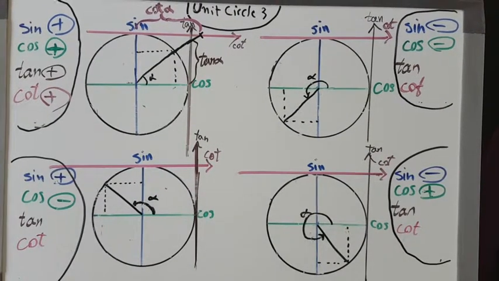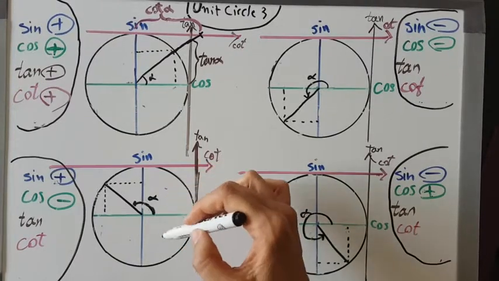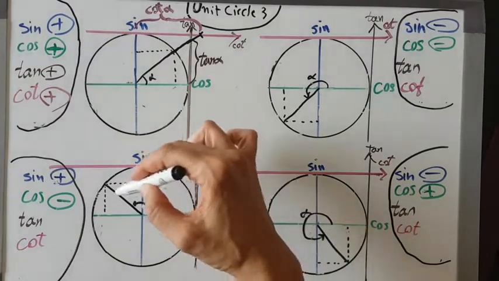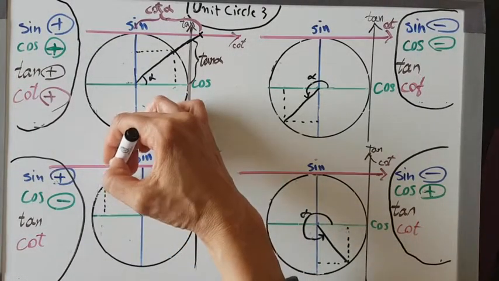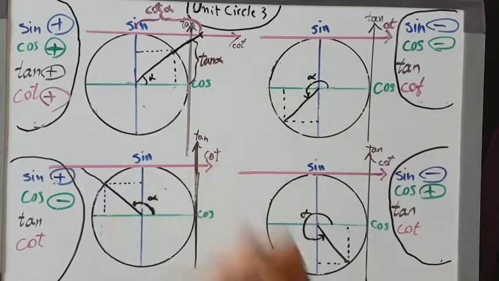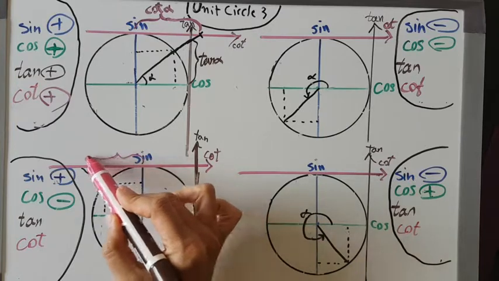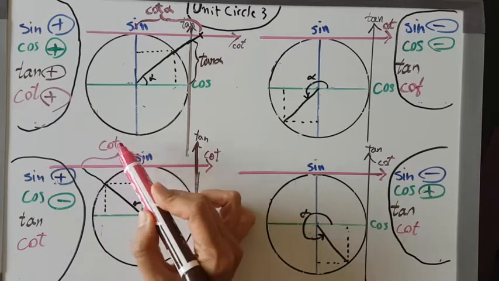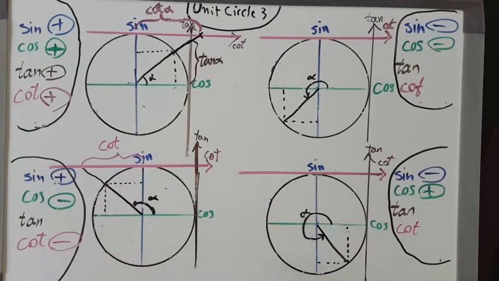Now, look at this quarter. Continuing this to meet the cotan is easier, so let's do the cotan first. You can see that cotan ends up being negative in here. See, this is cotan, and it is negative. Let's find the tan. How do you think I would find the tan?